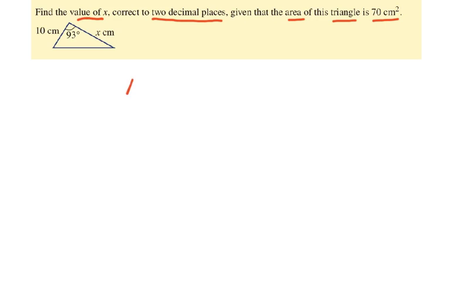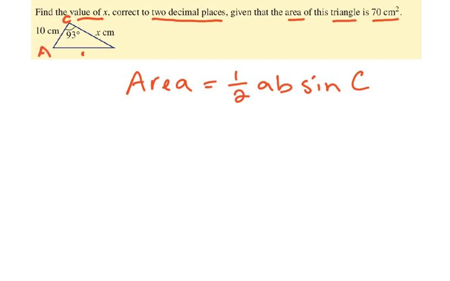So our area formula is area is equal to half times a times b times sine C. So I'm going to label my triangle first. That's my capital C because that's where the angle is, so that's why it's angle C. This will be side c. I'm going to call that angle A, and this one angle B, so that's side a and side b.